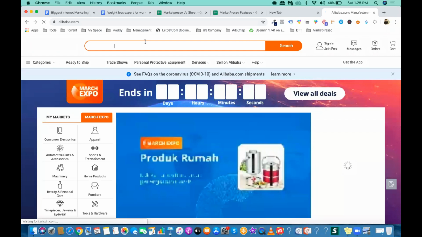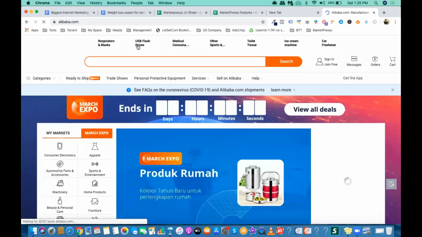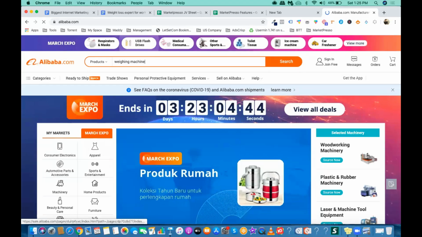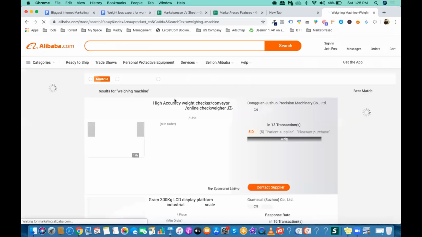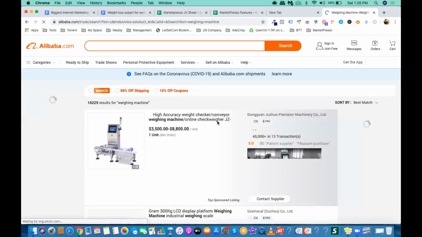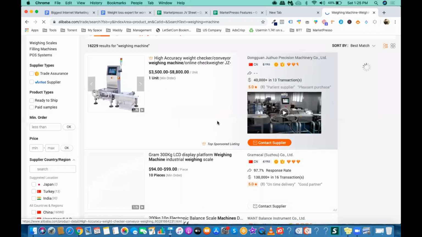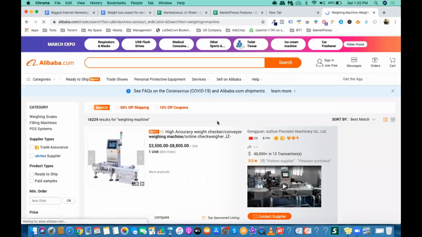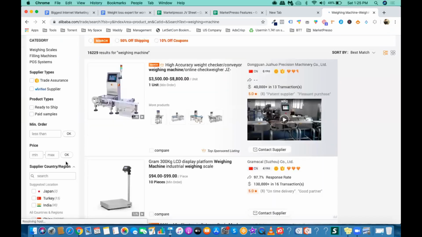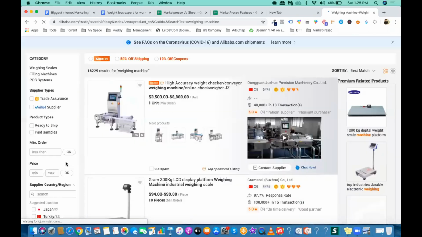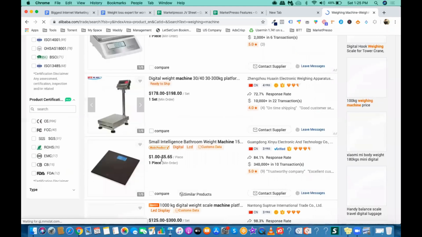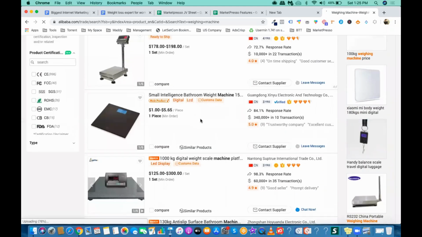And over here, let's suppose I try and find a weighing machine. Have a look at this.